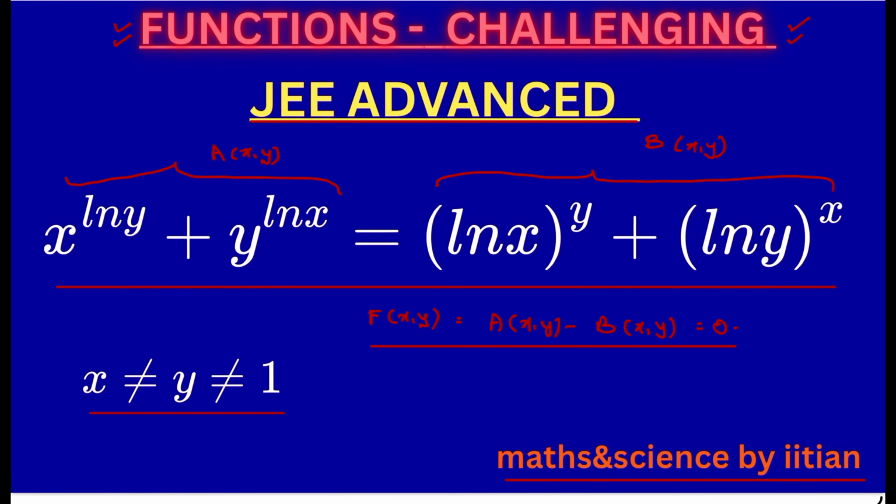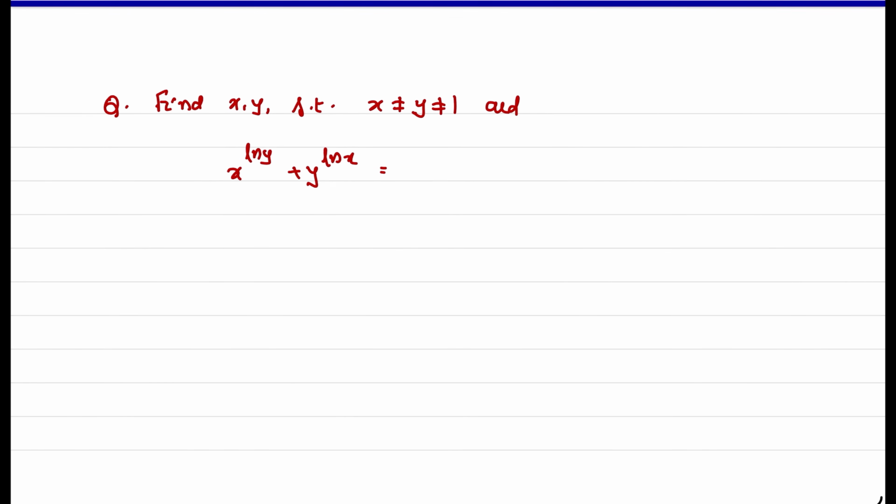Let us move forward. What is the question given? Find xy such that x is not equal to y is not equal to 1 and x to the power of ln y plus y to the power of ln x is equal to ln x to the power of y plus ln y to the power of x.